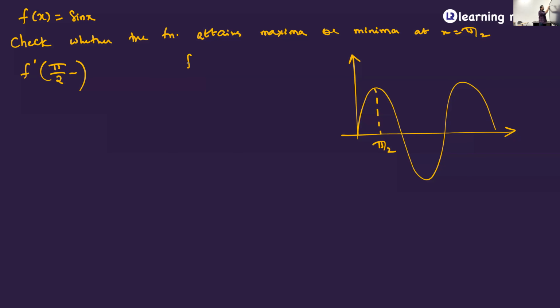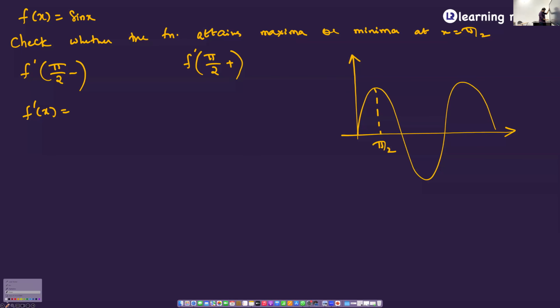Then I need to check f dash of pi by 2 plus and check the sign of it. So what is f dash of x? f dash of x is equal to cos x. Am I right?